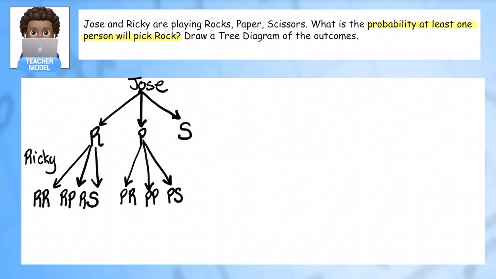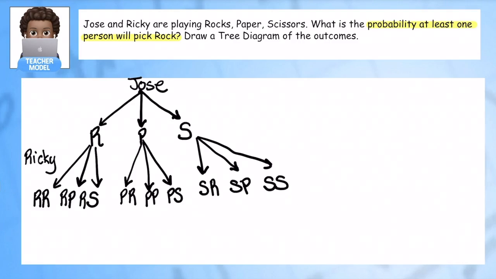So now we can see that there are 6 possible things that can happen. What if he throws scissors? Again, if he throws scissors, Ricky might throw a rock. Jose might do scissors, Ricky might throw paper. Jose might do scissors, Ricky might throw scissors.